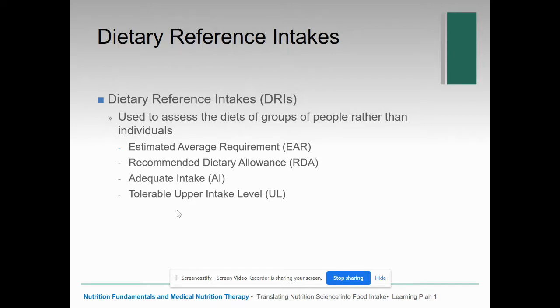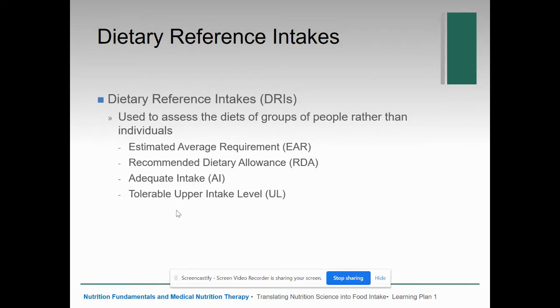The estimated average requirement is used most often in government type programs like military bases and prison systems. So it's for figuring out the nutrient needs and to prevent deficiency for groups. Again, remember that word groups when you're thinking of the estimated average requirement.